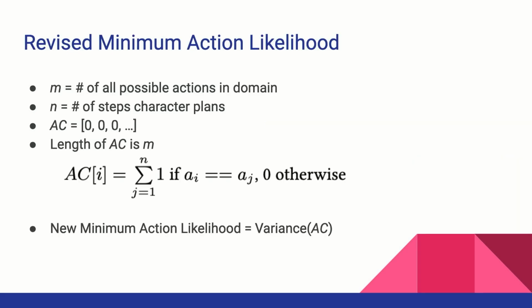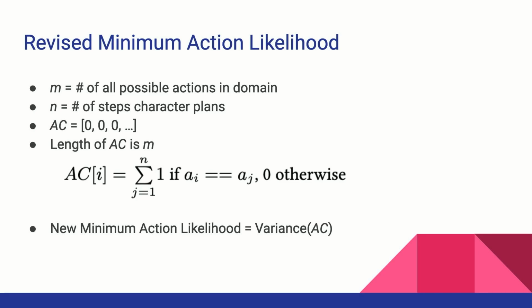For a revised minimum action likelihood, the idea behind this was originally to see how many unique actions a character takes. We tried to limit this to look at only one plan, that is to say the current one, and possibly any future steps if you have a system where the character can make a plan for future steps, in which case we'd be looking at the character's plan.